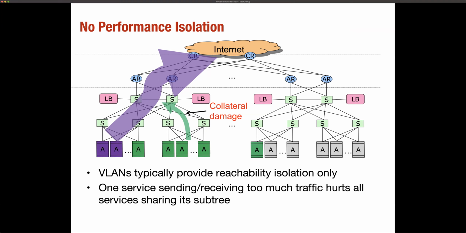Because the green one and the purple one share the same set of upstream devices, and there is an oversubscription of resources, if the purple one is using a lot of those resources, the green one is going to suffer. So there is collateral damage, because there is a shared fate between the resources or switches used by different applications, and there's an oversubscription in the network.